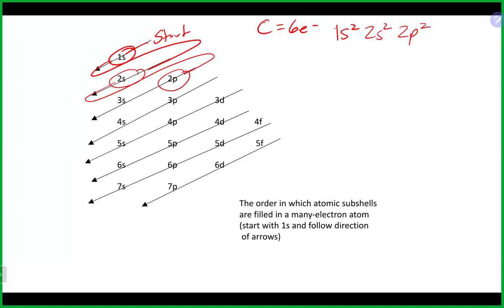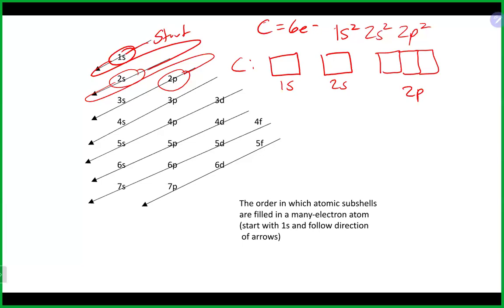Once again, if you count up all the top numbers, that is 2, 4, 6 electrons we put into the atom. Now, when we get to our orbital diagram for carbon, we again will have our 1s box, our 2s orbital, and our 3 boxes that represent our 2p subshell. They're going to fill like so, up, down, up, down, up.